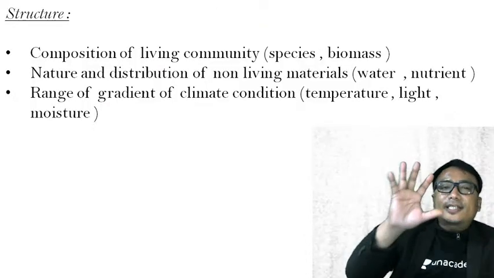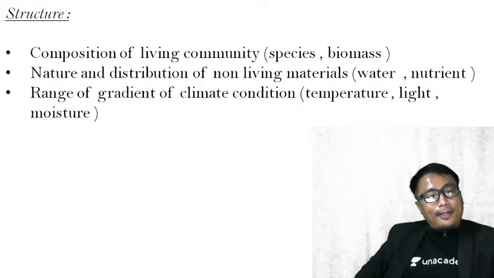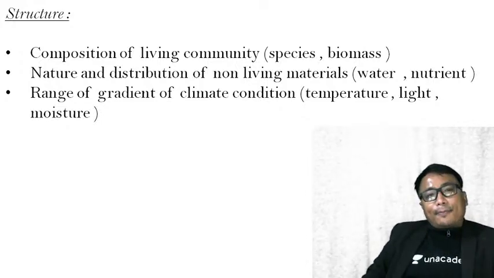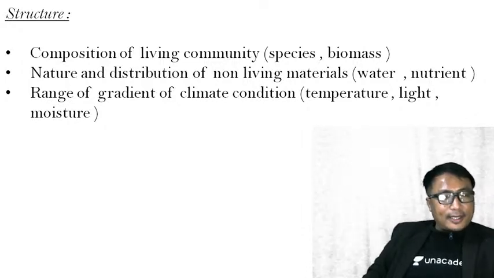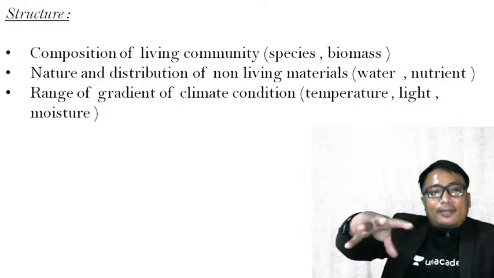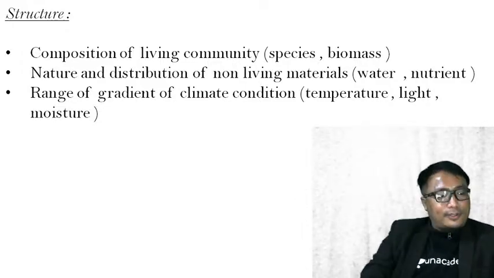First is the structure of ecosystem. Okay, structure of ecosystem. You see here, composition of living community, that is species and biomass, nature and distribution of non-living material, that is water and nutrient, range of gradient of climate condition, temperature, light, moisture, etc. They all compose together to form the structure of an ecosystem.